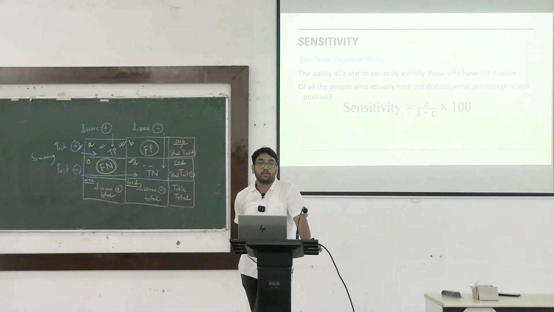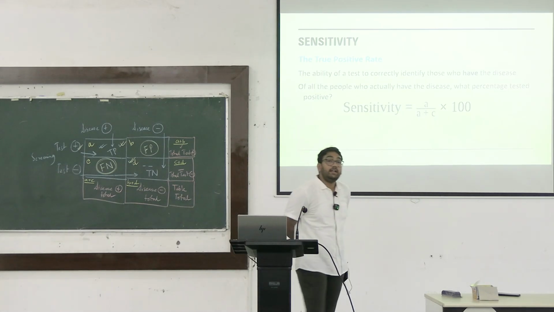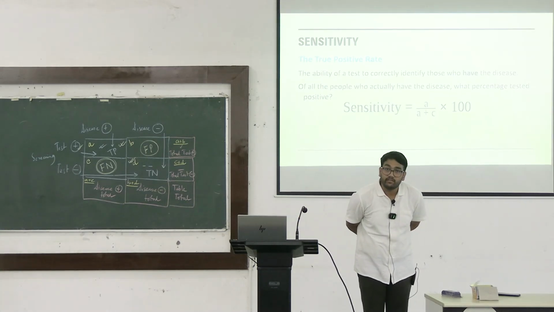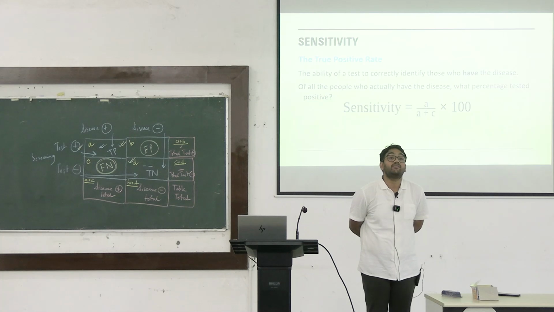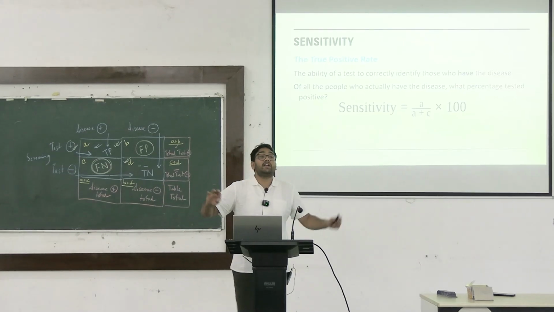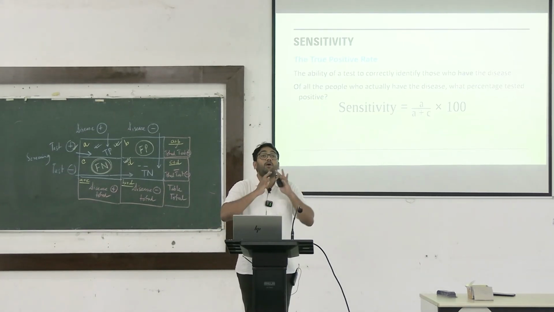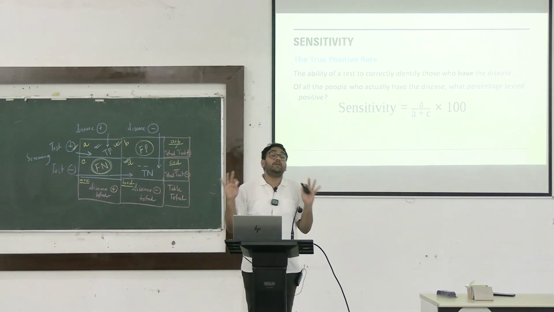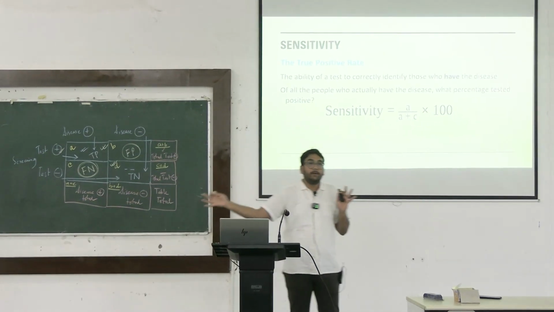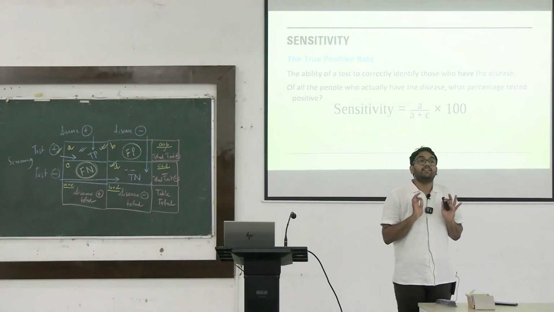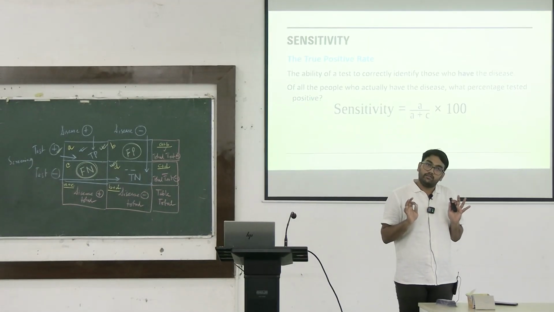Any confusion? So sensitivity is the ability of a test to correctly identify the disease among those who have the disease, right? Think of sensitivity from a population perspective. In the population, how many people who are really diseased can I detect by the screening test? That is what sensitivity is telling me, isn't it?